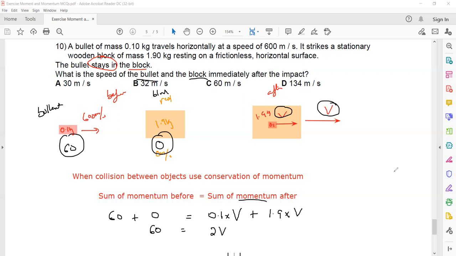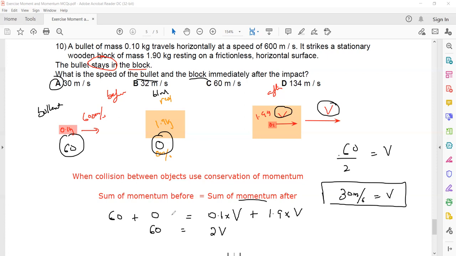This 2 is multiplied, on the other side it will divide, so it will be 60 divided by 2, and 60 divided by 2 is equal to 30 meters per second. So the speed of the block and the bullet is 30 meters per second after the collision.